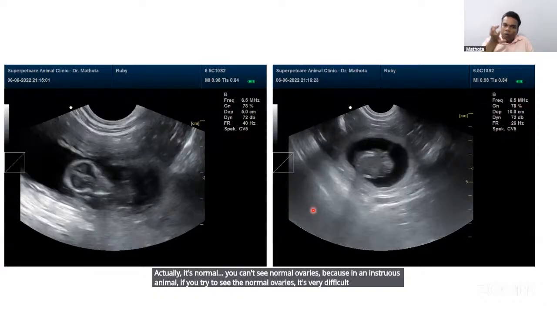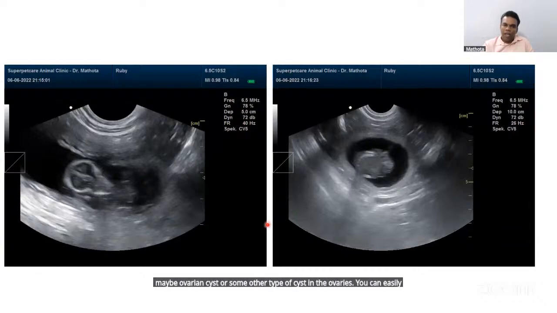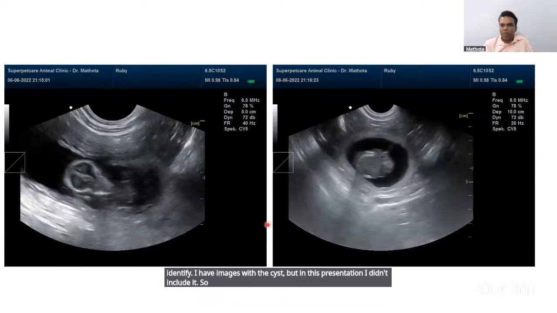You will need a high frequency linear probe at the caudal pole of the kidney. You can find ovaries there, but it's very difficult. But if there's a cyst, maybe an ovarian cyst or some other type of cyst in the ovaries, you can easily identify it. I have images with a cyst, but I didn't include them in this presentation. At the moment, I can't find it.